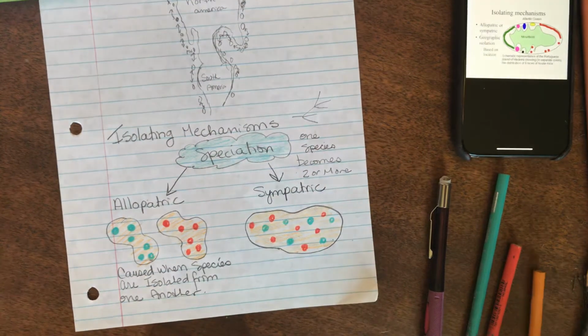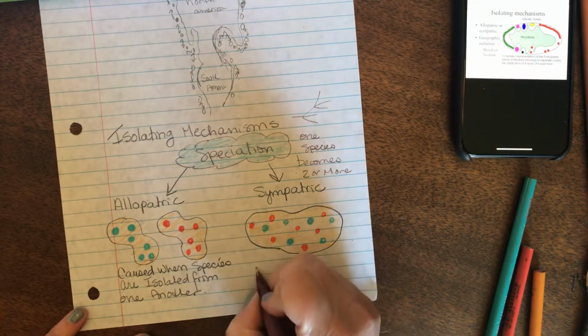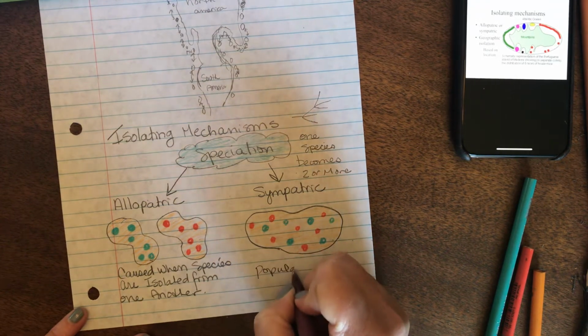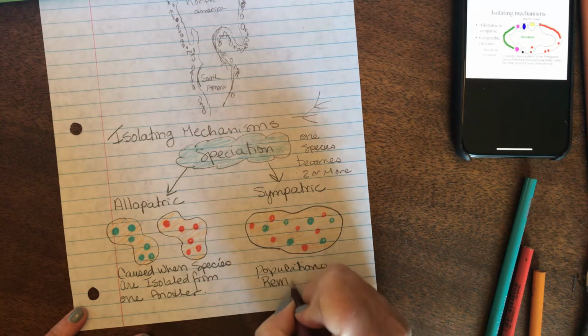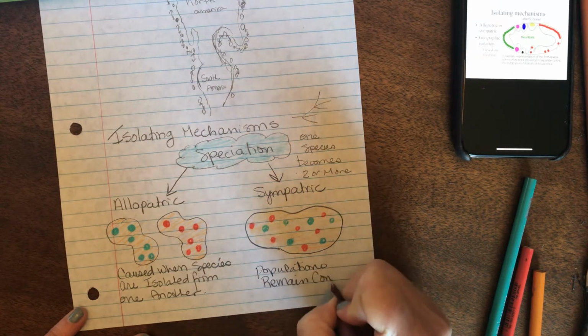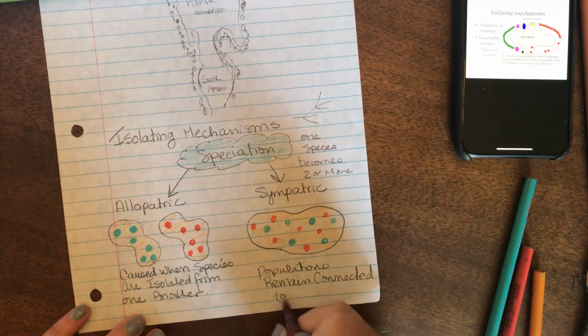All right, so in sympatric speciation, populations remain connected to one another.